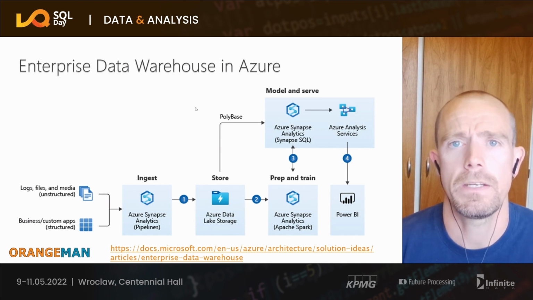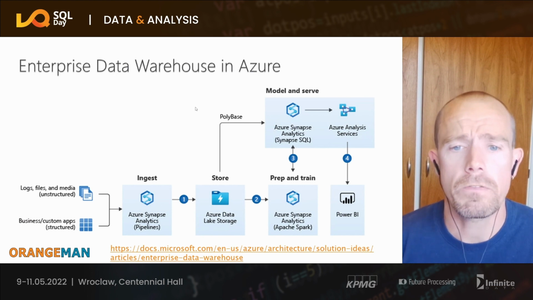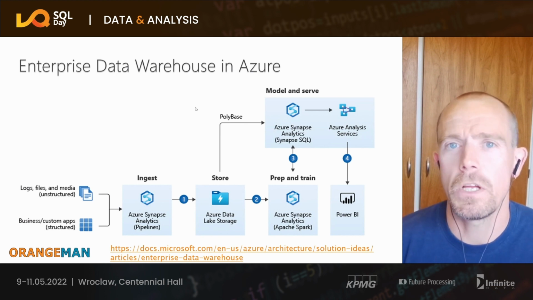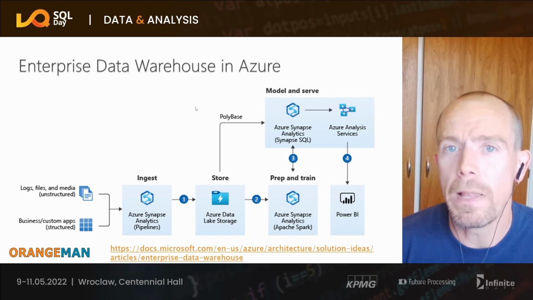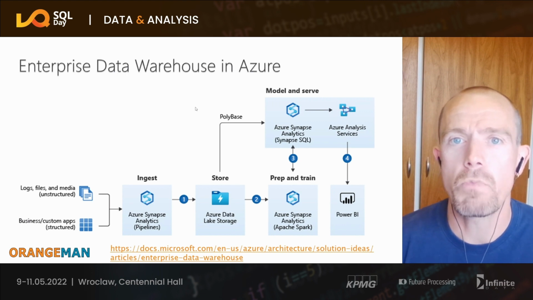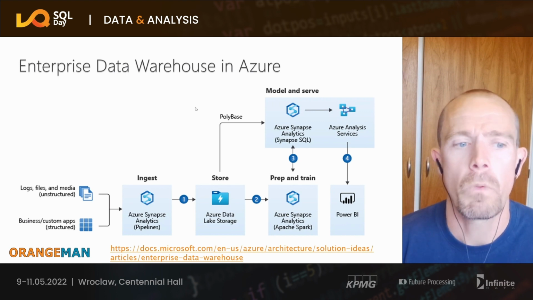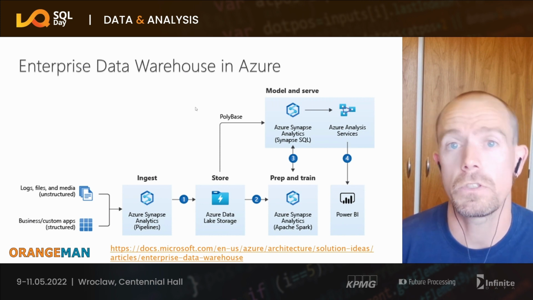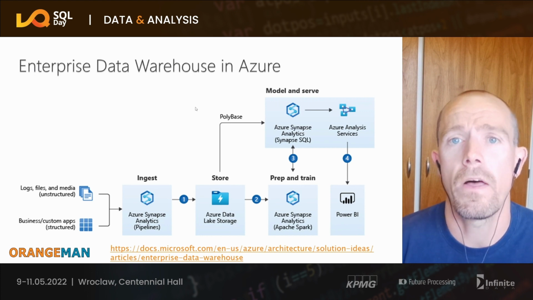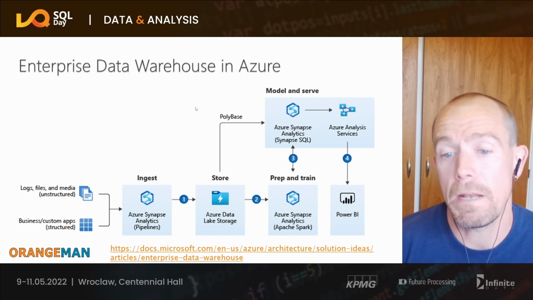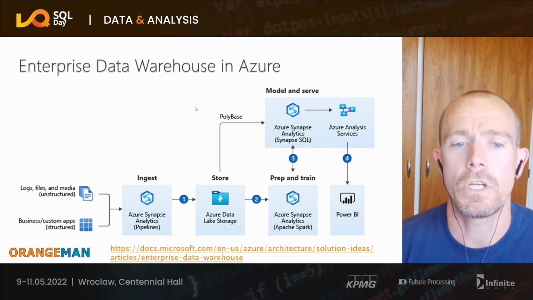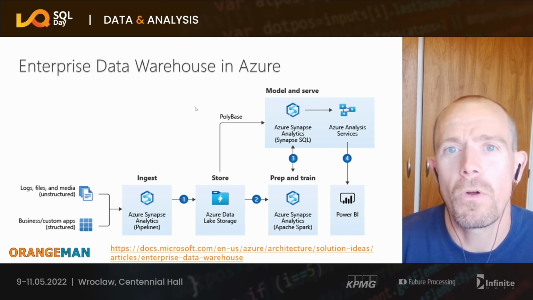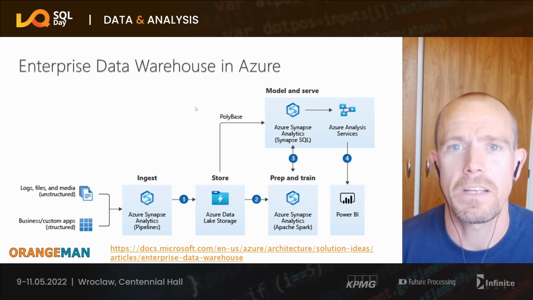If you look at this solution from Microsoft, you see it pretty much looks like something we are used to building maybe in an on-premise solution, not in a cloud solution, where we have some sources in the one end that could be structured or unstructured sources, and then in the other end we present the data in Power BI with Azure Analysis Services, and then we have the components in the middle where we are used to calling it the ETL solution or the ETL process.